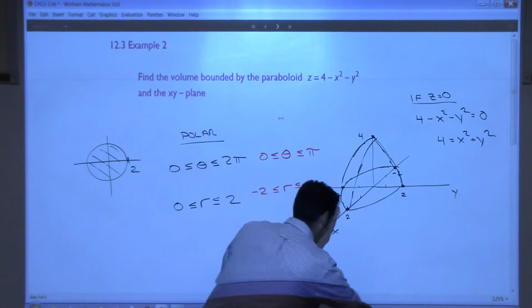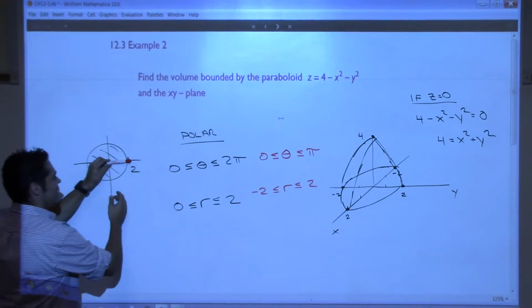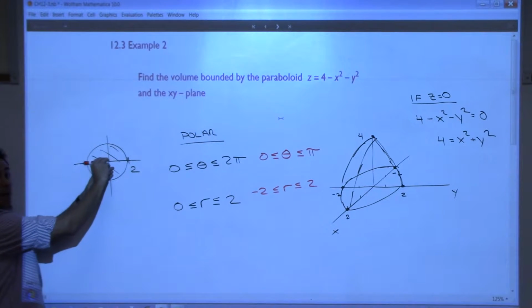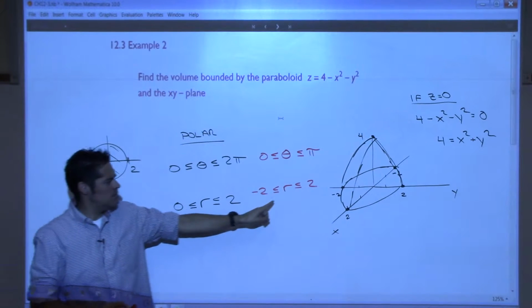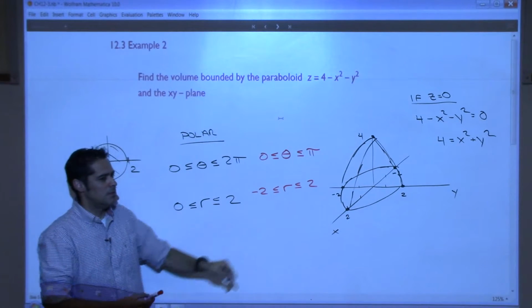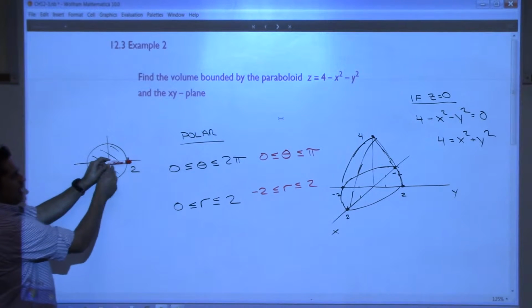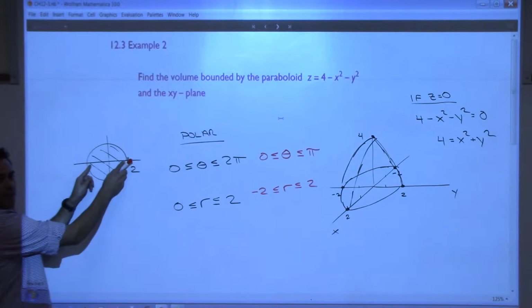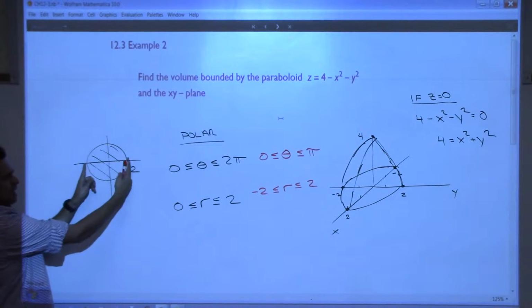I'll use a red marker. This time, I face out between 0 and what? Only pi. But I'm allowed to walk out negative 2. So if I'm standing here and I walk out to the right 2 and backwards 2, I draw the entire x-axis, right? This little segment, not the entire thing.